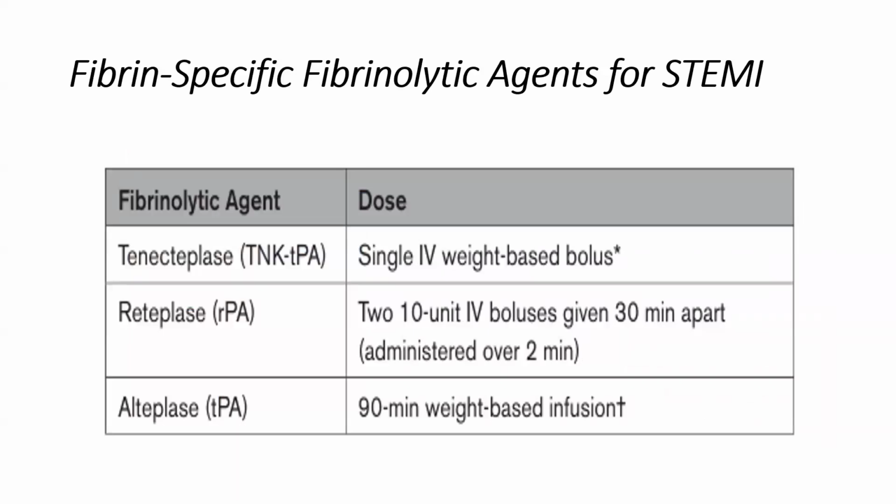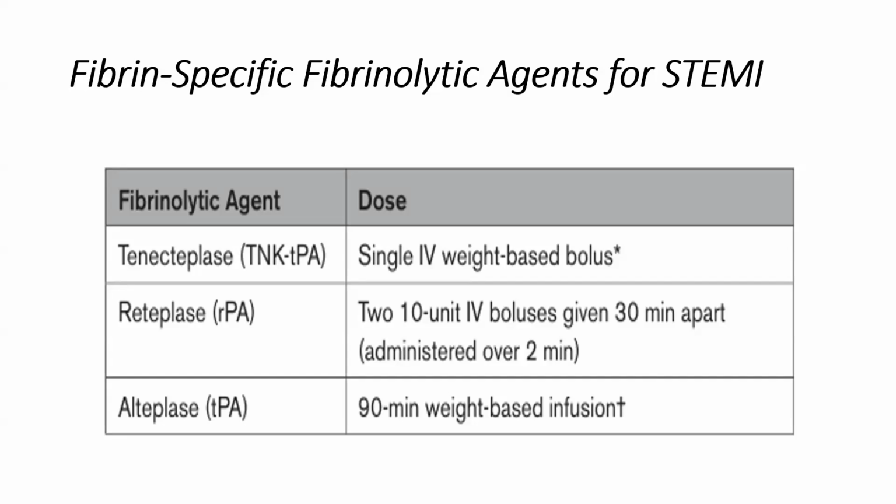Since we are talking about thrombolysis, there are fibrin-specific fibrinolytic agents available for STEMI, like tenecteplase, reteplase, and alteplase. The dose of tenecteplase is weight-based, and the maximum dose that we can give is 50 mg. Reteplase is given as 10 units, in two doses at an interval of 30 minutes.